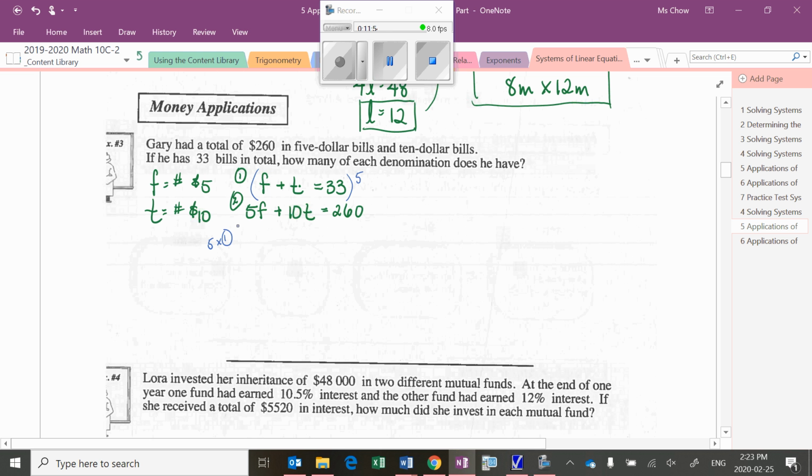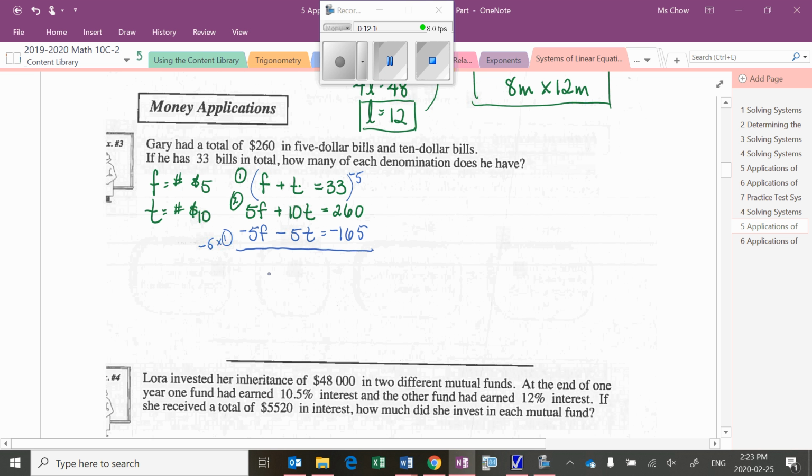I'll write it right underneath equation 2. In fact, I'm actually going to multiply it by -5, so that I'm going to have the opposite. So -5F minus 5T is equal to -165. And then we'll add these together.